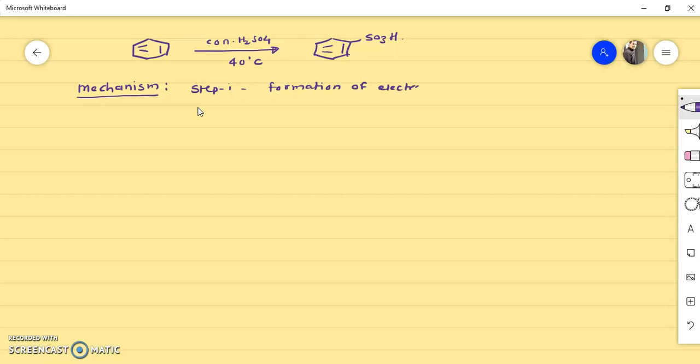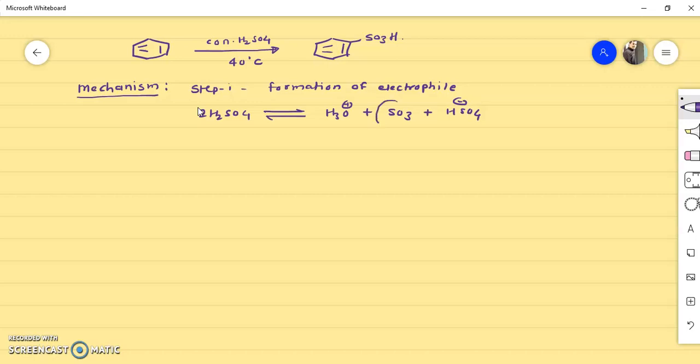Now how the electrophile is generated, that we will see first. We have taken concentrated H2SO4. We take 2 moles of concentrated H2SO4, and these 2 moles react with each other to form the hydronium ion H3O+, SO3, and HSO4-, the conjugate base of sulfuric acid.